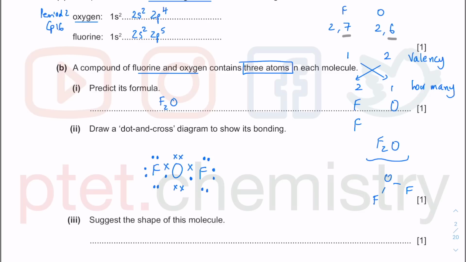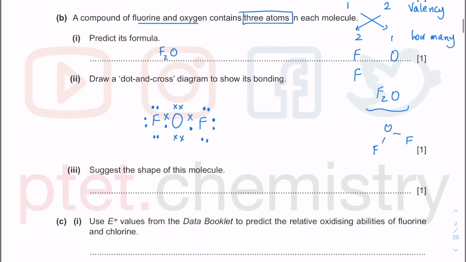You now have 8 electrons around each fluorine. Do we have to draw these lone pairs above and below? You don't have to. You can show the fluorine side by side, and you have the lone pair and the lone pair there. Doesn't matter, because we know in 3 dimensions the shape of this molecule is going to be linear. Oops, not linear. I don't know what I'm doing. It's not going to be linear. In fact, it has got 2 bond pairs and it has got 2 lone pairs of electrons.